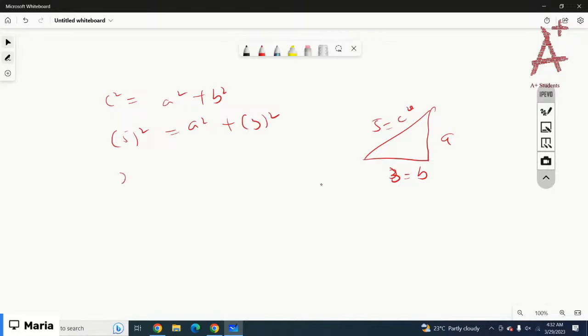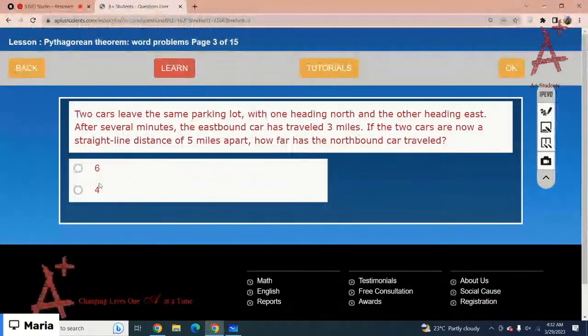Got it? So it would be 25 minus 9 equals a square, that is 16 equals a square, and a equals 4. Got it? The correct option is a equals 4. So the correct option is 4.